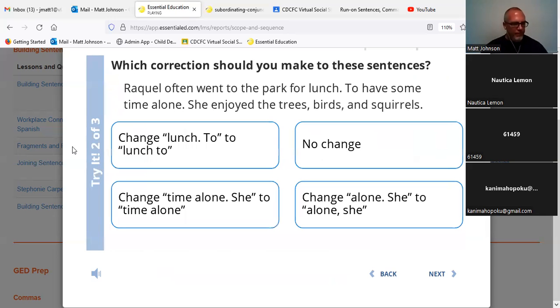Which correction should you make to these sentences? All right. So Mariama, I want to ask you here. What correction do we need to make to this sentence?